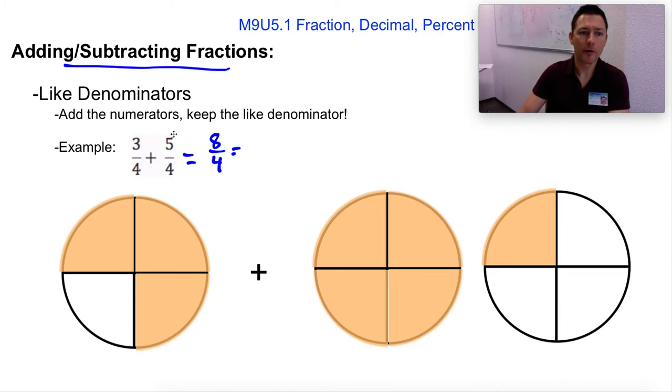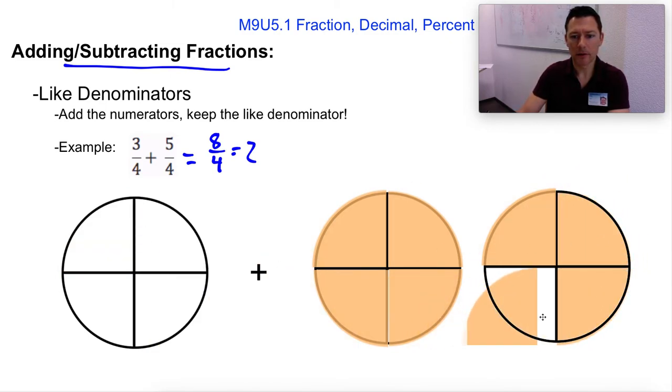You have 8 of these quarters, and that's what this means, 8 quarters. You could simplify: 8 divided by 4 is 2. If you took these and added it to what you already had, you should see that it does equal 2 because they're 2 whole pizzas. Ta-da!